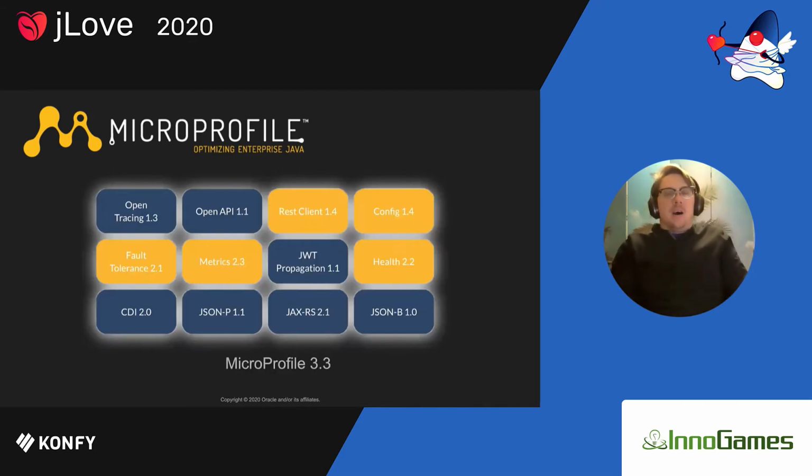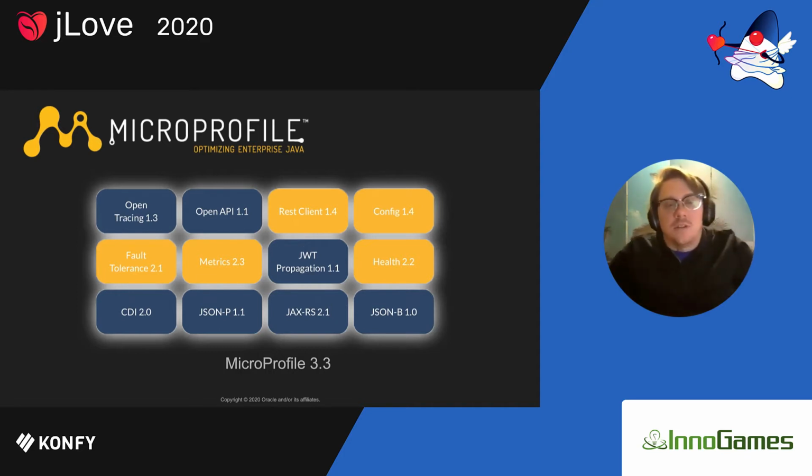Currently, the main specifications you have are only 12, although there are some specifications which are out of scope right now. Maybe they will cut into the main distribution quite soon. At the current version, we have version 3.3 of MicroProfile. And as you see, we have a lot of stuff, especially for microservices, like REST client, like metrics, like fault tolerance, which is quite necessary.